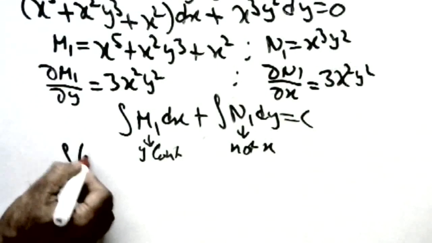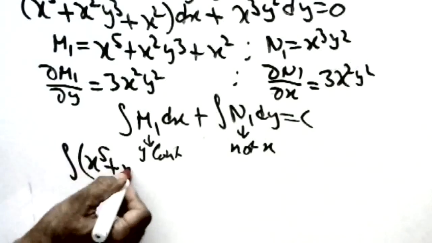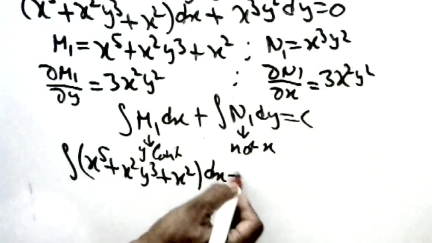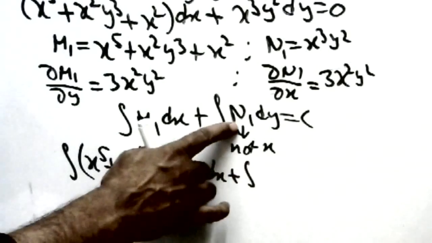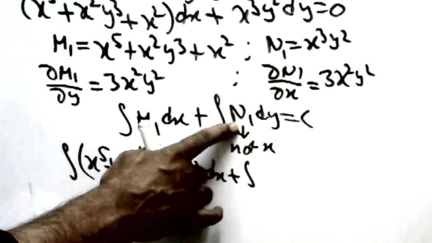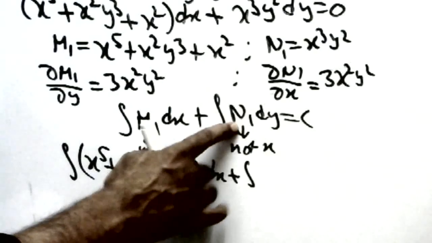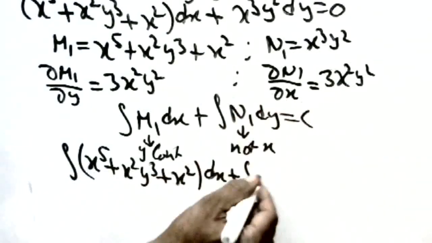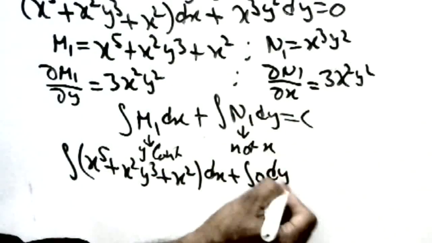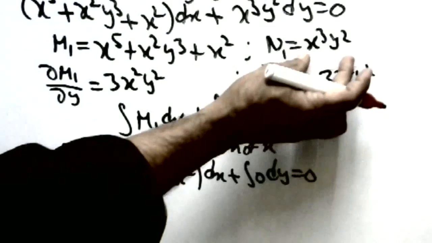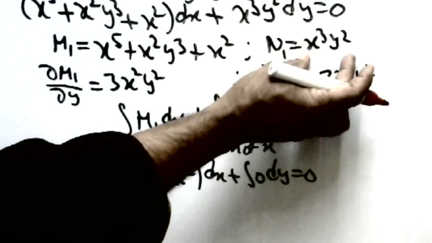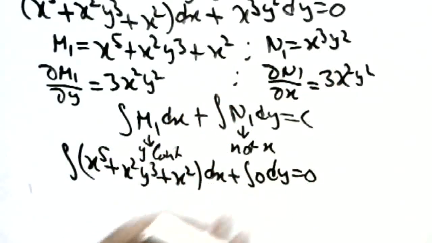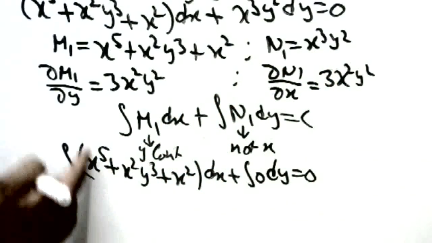Integration of M1, the value of M1 is x power 5 plus x square y cube plus x square, dx, plus integration of, we will not take all the terms of N, we take only the terms of N which do not contain x. But you see here it contains x, so we don't have any terms, so we just take 0.